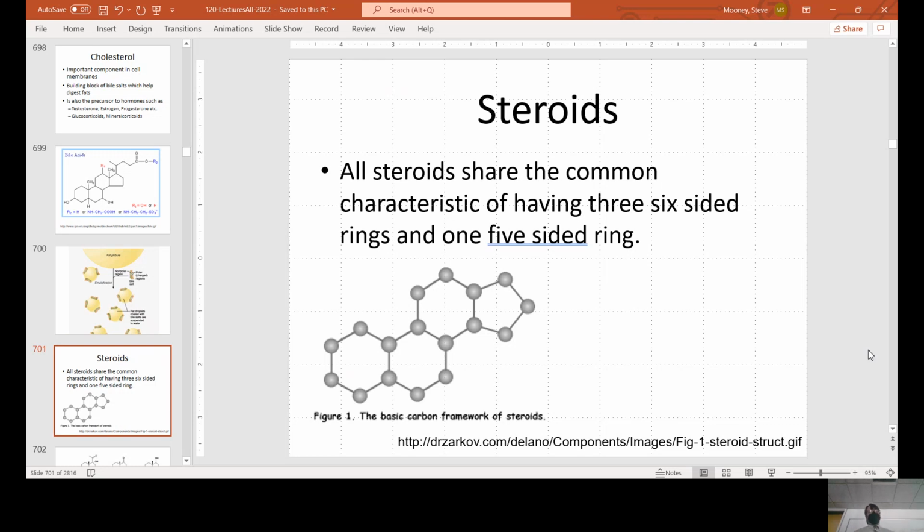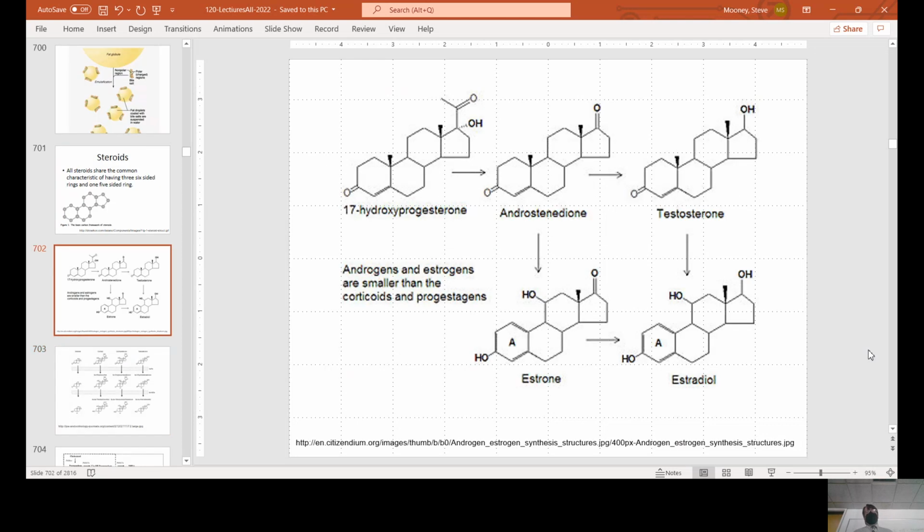So we start out with cholesterol, and we start systematically adding things and subtracting things to the molecule. So progesterone becomes testosterone, becomes estradiol. These are called the hormone cascades. I won't ask you to remember those, but just understand that one thing leads to another.